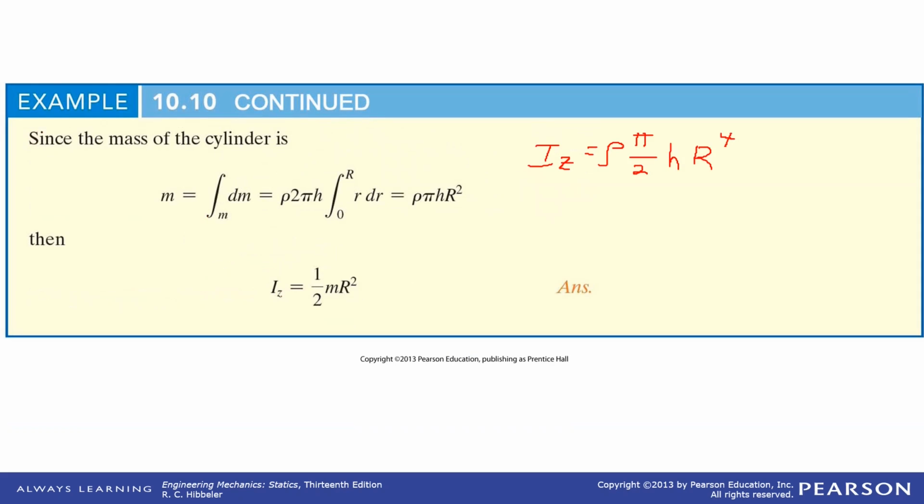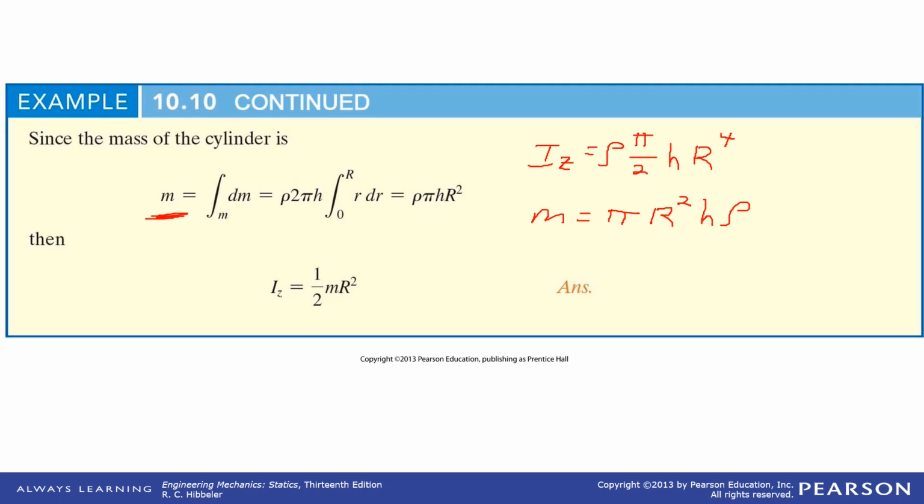Now, to connect it up to, well, we got an expression in terms of density. Let's connect it to mass. Well, mass equals pi r squared. Now, you don't have to do the integral. We know the area of a circle. Pi r squared h, the height of the cylinder, area times the base, times the density. And just substitute.